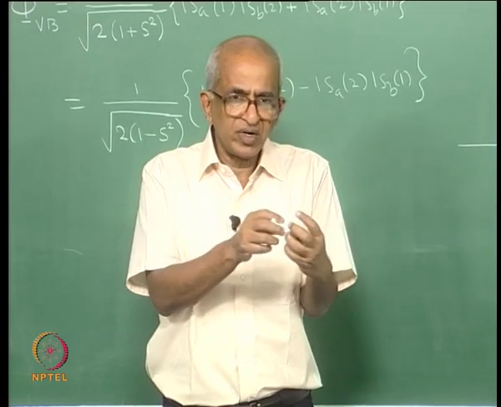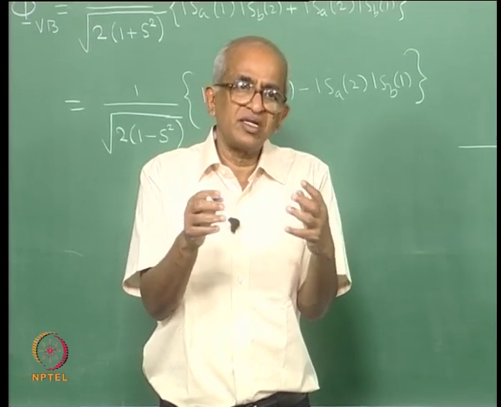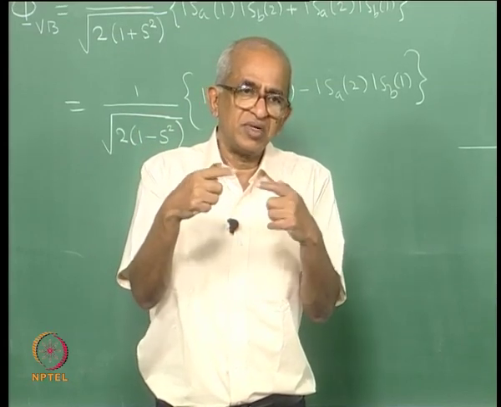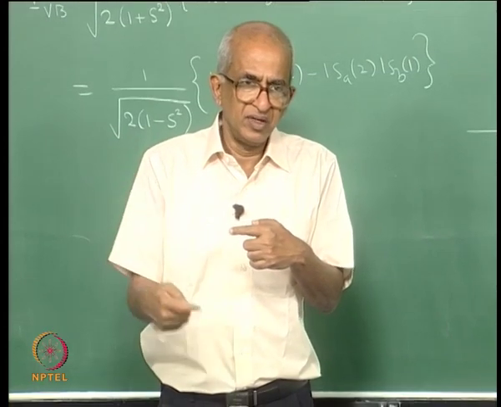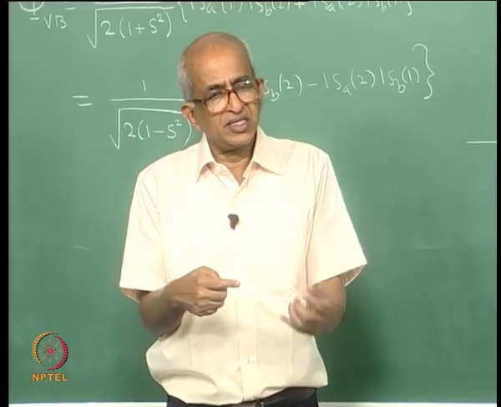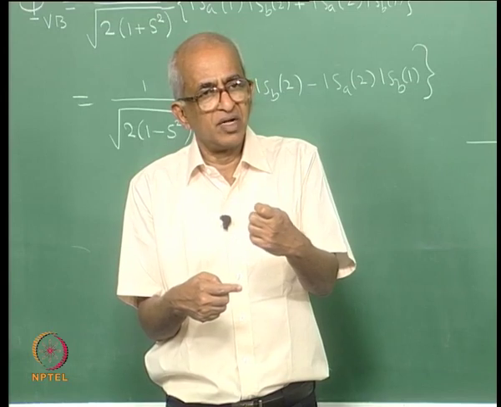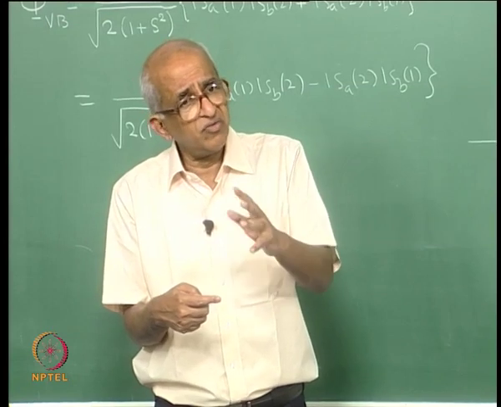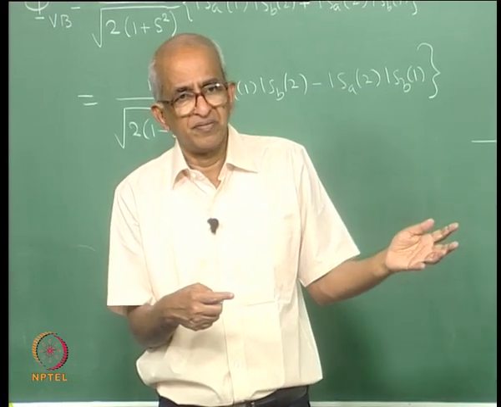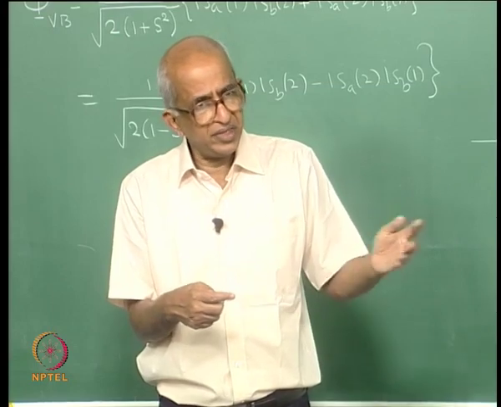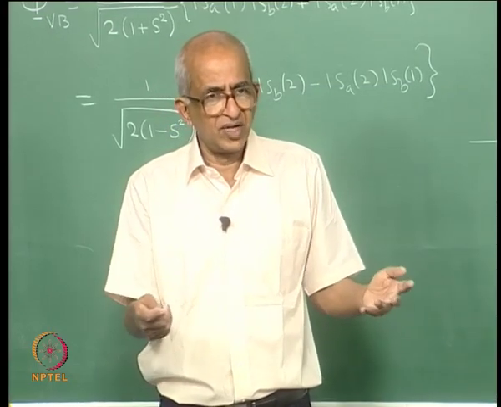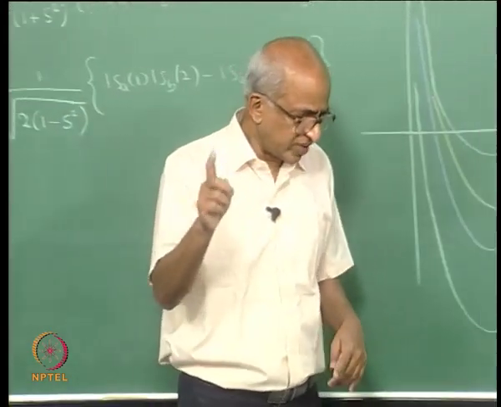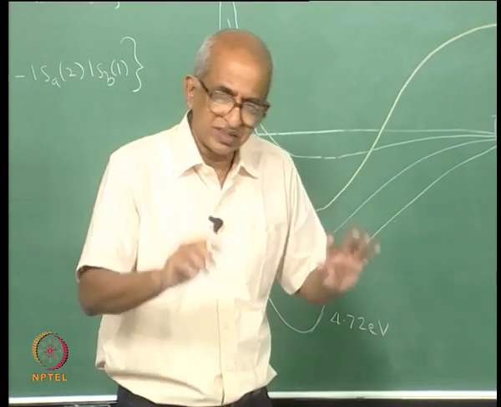But here you have two nuclei, and therefore the effective nuclear charge felt by these atomic orbitals need not be unity, but may be a different number. So, you can introduce an effective nuclear charge, do a calculation for different effective nuclear charges and find out which is the best. This will lead to an improvement in the energy of the system, and people have done this kind of calculation. I will give you essentially the answer for that.